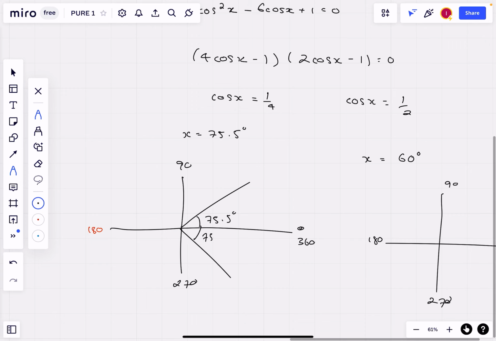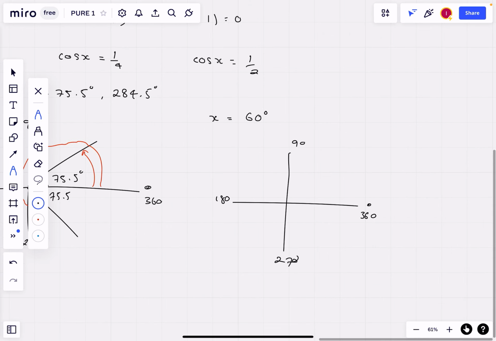This is also 75.5 degrees. We go anti-clockwise, like this. That's one solution. And all this is the other solution, which we get by doing 360 minus 75.5, which gives 284.5. So that's that one done.